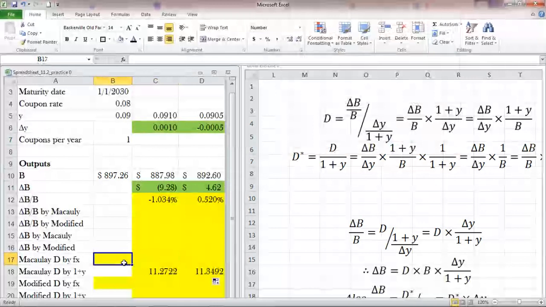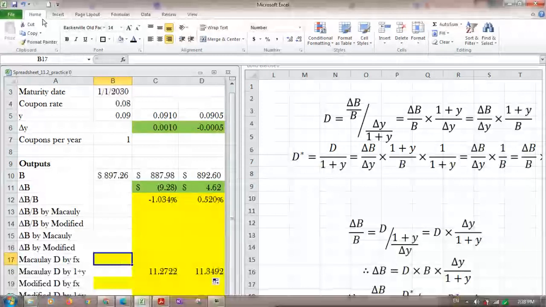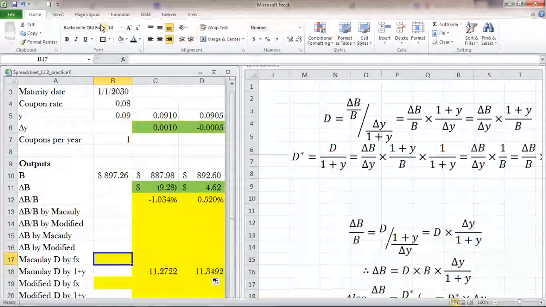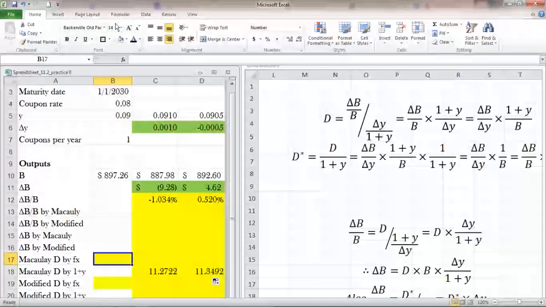This is like a generic duration, because it assumes no change in price or change in yield, right?